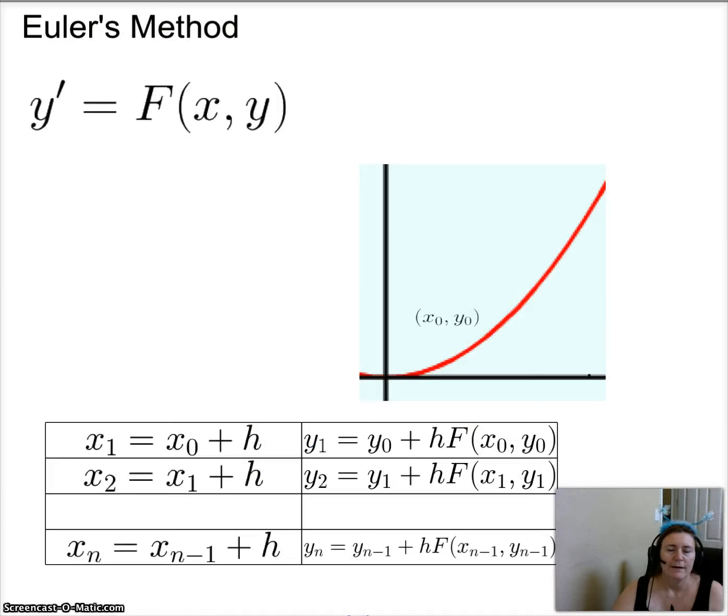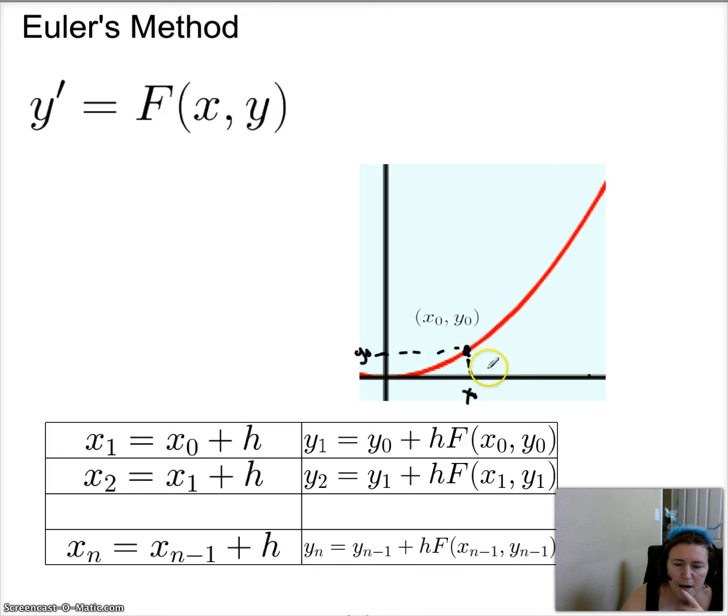Suppose I tell you I have a curve, f of x, and suppose I tell you the slope is given by big F, evaluated at x and y, and suppose I start at some point x naught, y naught. I can approximate this curve by the slope at this point.